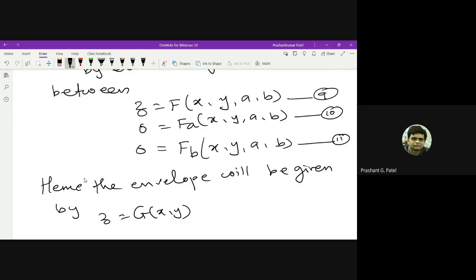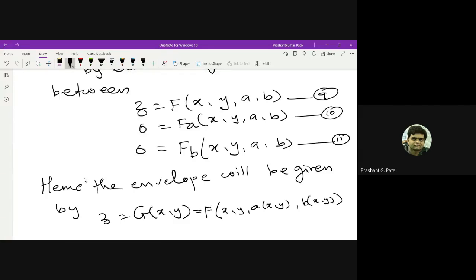Once we prove that its derivatives are the same, there is nothing more to prove for the solution; it automatically becomes a solution. So this g is actually the function f of x, y, a, b, where a is a function of x and y, and the value b we have calculated as a function of x and y.